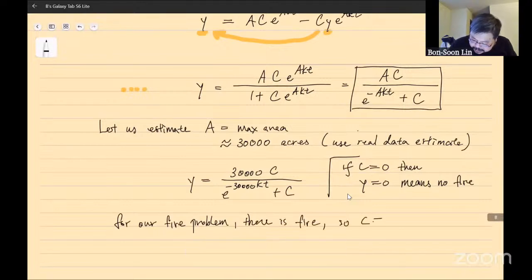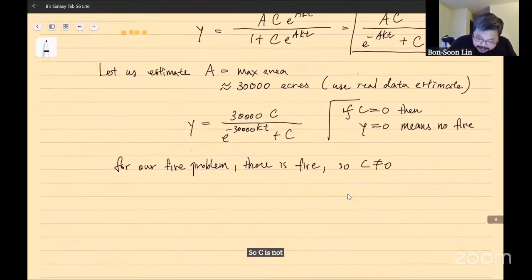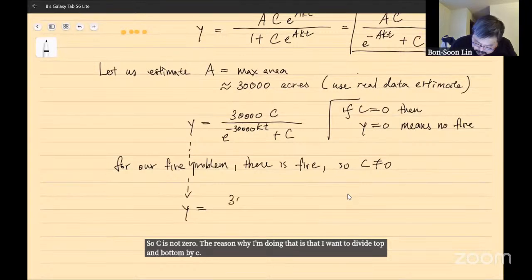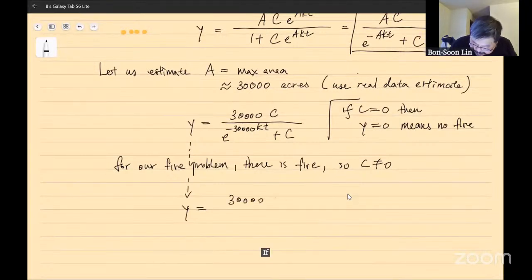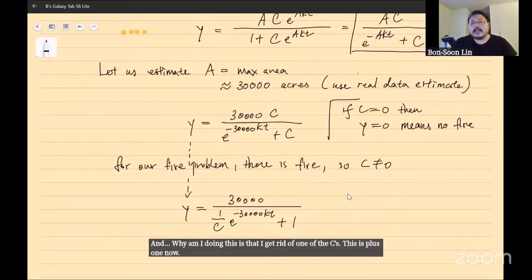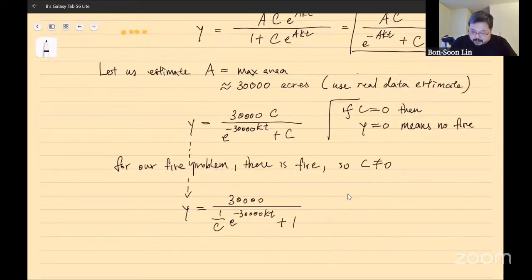So c is not 0. The reason why I'm doing that is that I want to divide top and bottom by c. If it's 0, then I cannot just divide top and bottom by c. And why am I doing this? I get rid of one of the c's. This is just +1 now. Does that make sense?